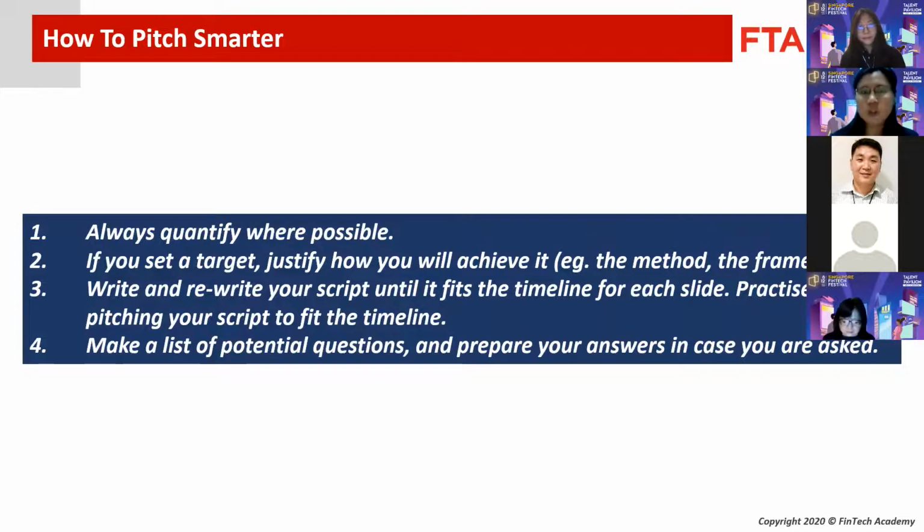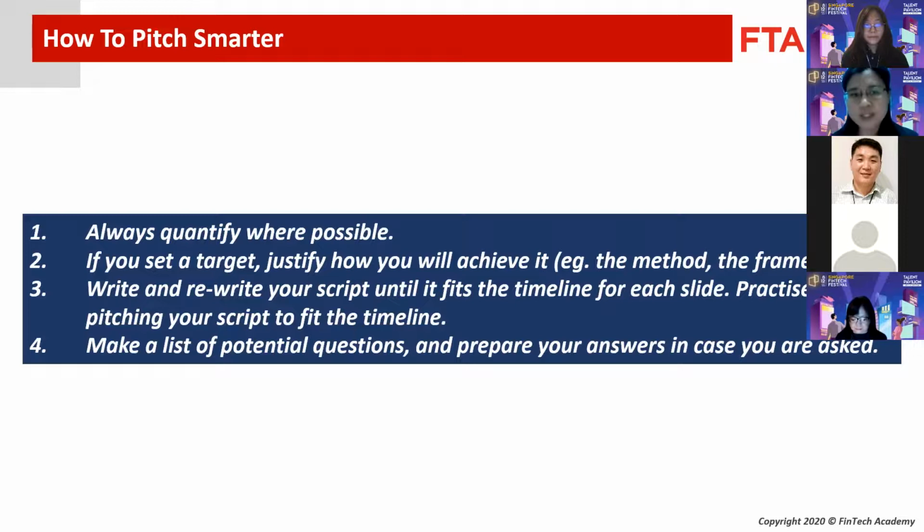Number two, if you set a target, justify how you will achieve it. So if your solution says that it's able to include more people in the process, or it's going to make calendaring much easier, you have to explain how it's going to work and try to quantify it as well.